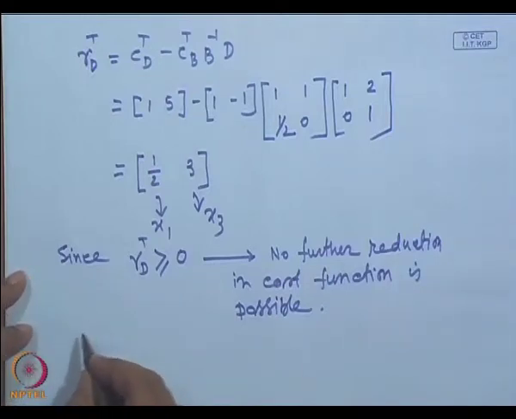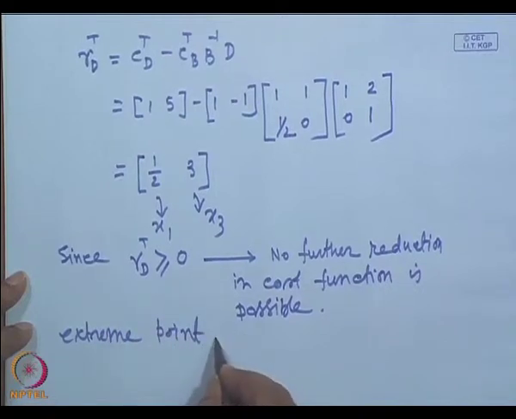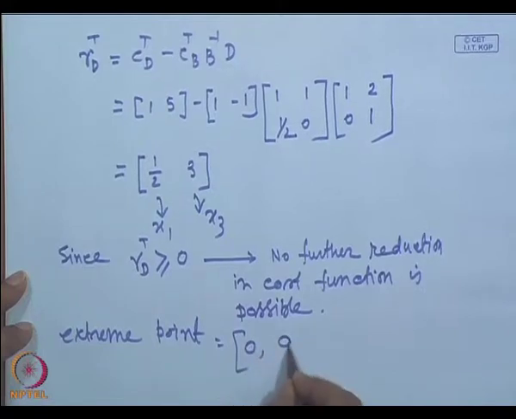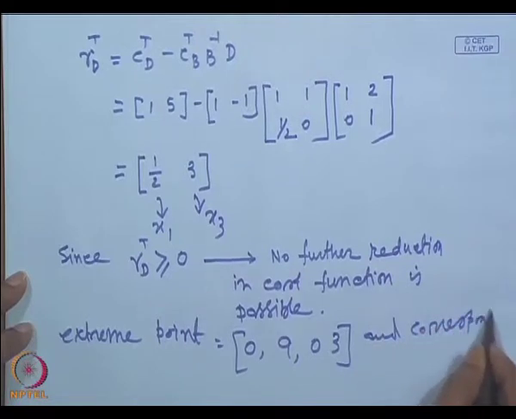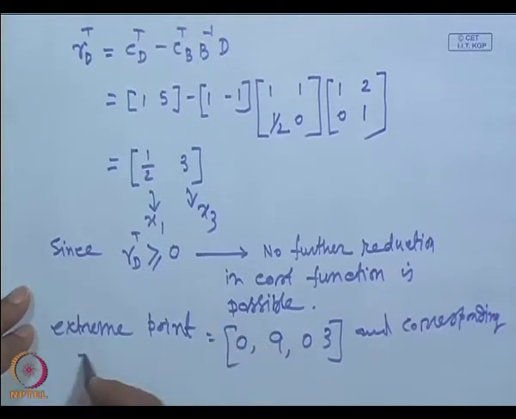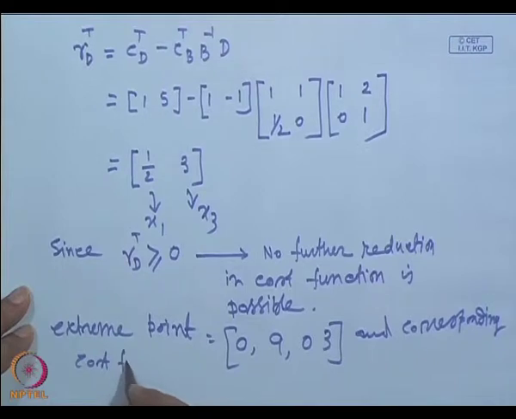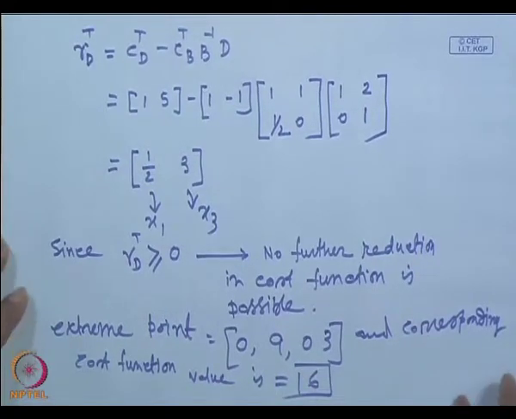So, our optimal extreme point is 0 9 0 3, and the corresponding cost function value is 6. So, this is the solution of this one.